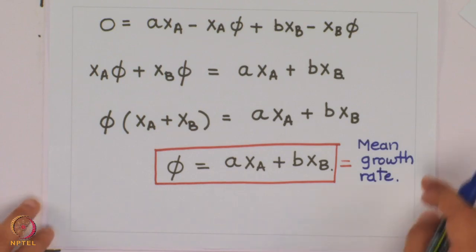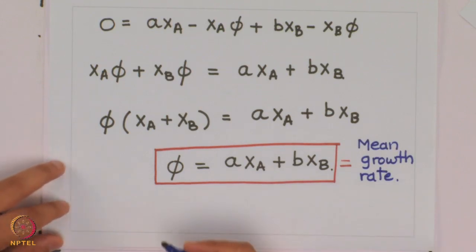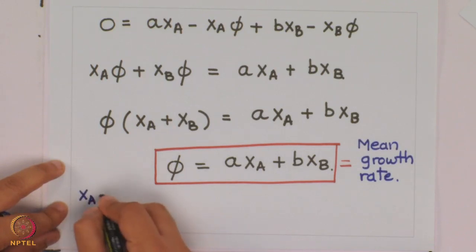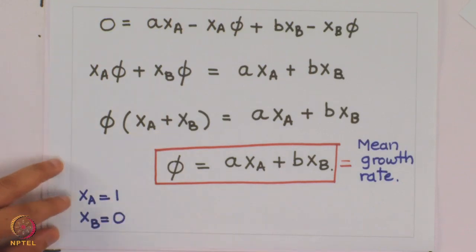What this means is that this is the mean growth rate of the culture when I have my population as xa fraction belonging to type A and xb fraction belonging to type B. Let me illustrate that with a couple of examples. Suppose xa is equal to 1 and xb is equal to 0. What does that mean?